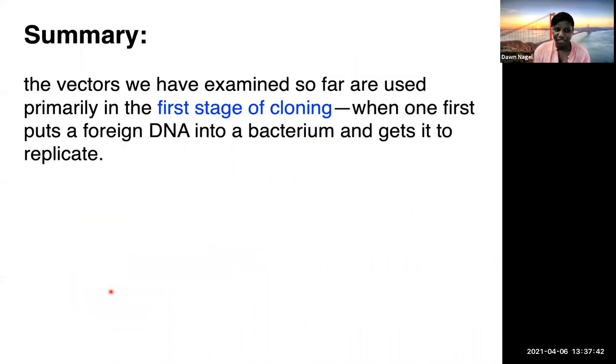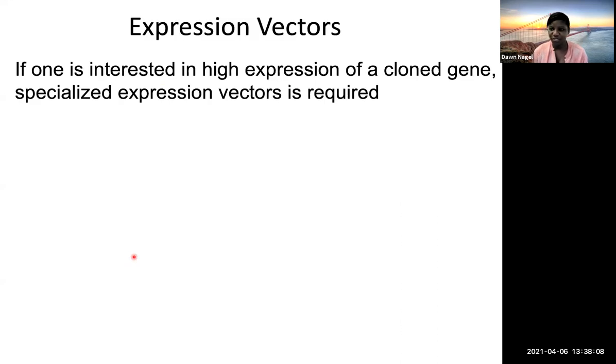So in summary, the vectors we have examined so far are used primarily in the first stage of cloning, right? When you put foreign DNA into bacteria, you get it to replicate, and then you have it, okay? This is for making any DNA, right? If anything you want to clone, any part of DNA that you want to clone, you put it into bacteria, bacteria make tons of it. You cannot use bacteria for certain types of gene expression studies, right?